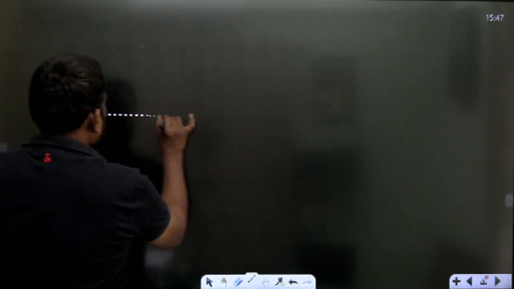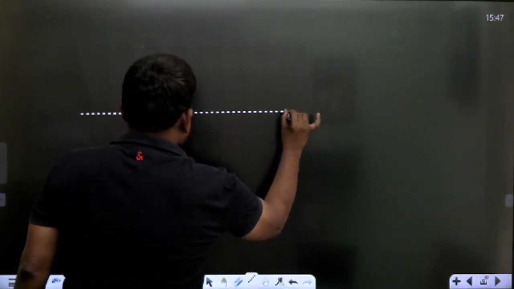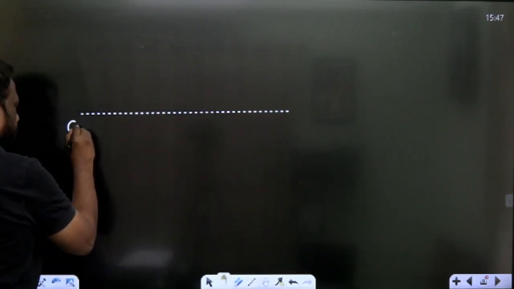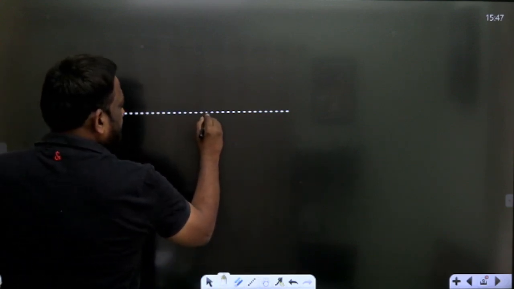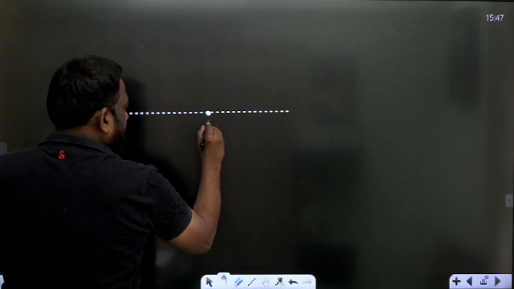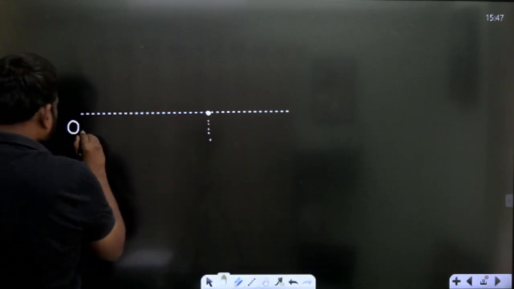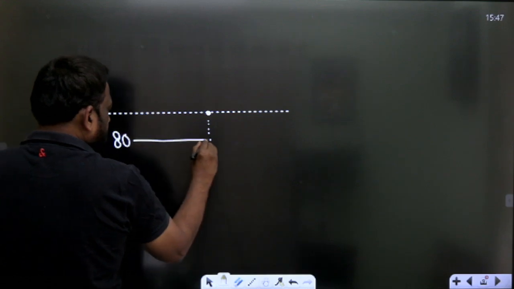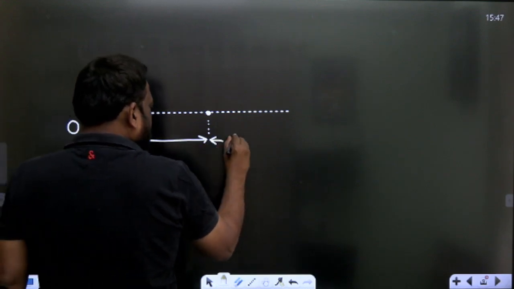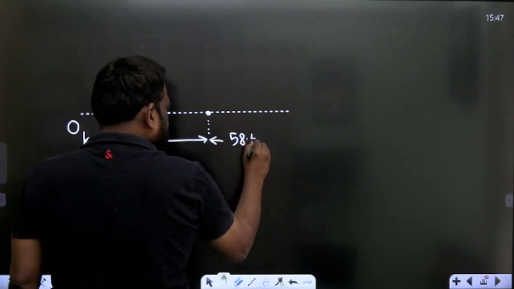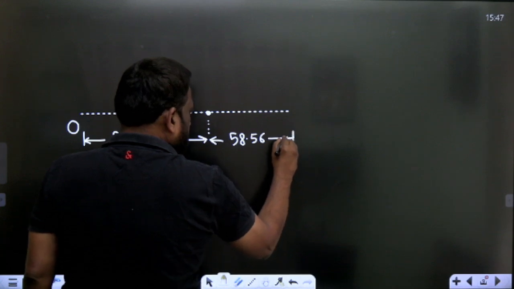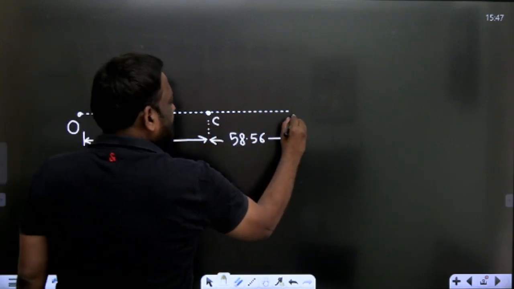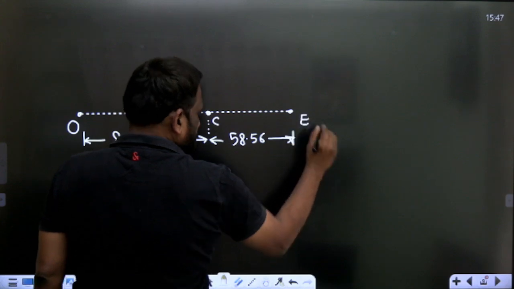And this is O, and this length is 80, I think, if I'm not wrong. This length is 80. This length is 58.56 if I am not wrong. Let me take this as O, this is C, and this is some point E.